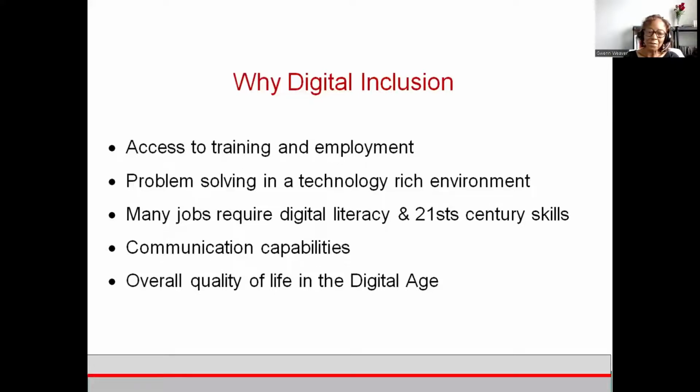I don't know if PIAAC has changed the way they describe this, but originally they were talking about problem solving in a technology-rich environment, which meant using technology, communication tools and networks to acquire and evaluate information, communicate with others, and perform practical tasks. So basically digital skills of all sorts.